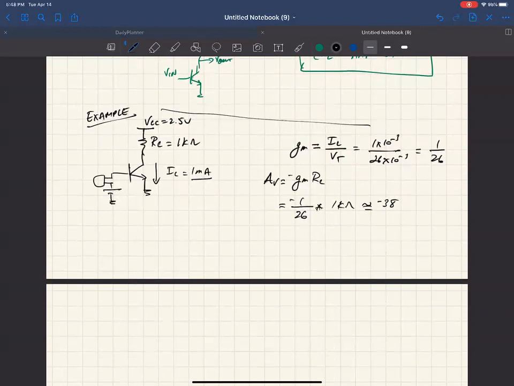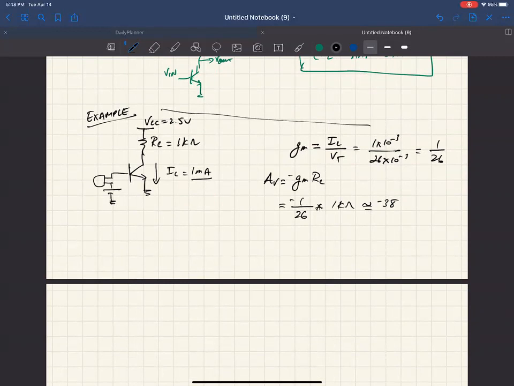Let's say that we want to double the gain. We realize this is not enough gain, and we'd like to double the gain of this thing.